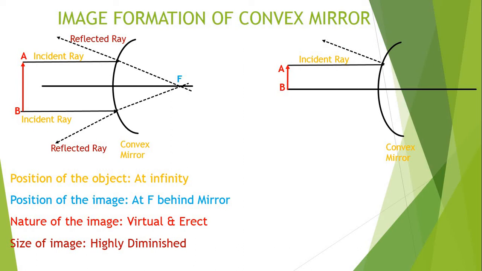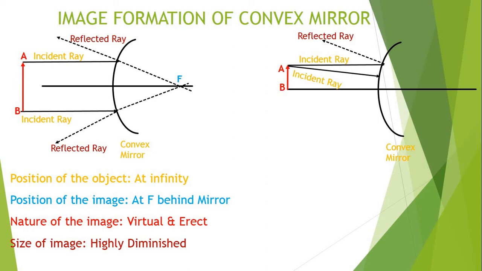Now the second incident ray and its position is very interesting. This second incident ray is directed towards the center of curvature. The center of curvature is at the back side of the mirror, so this incident ray points in the direction of the center of curvature.